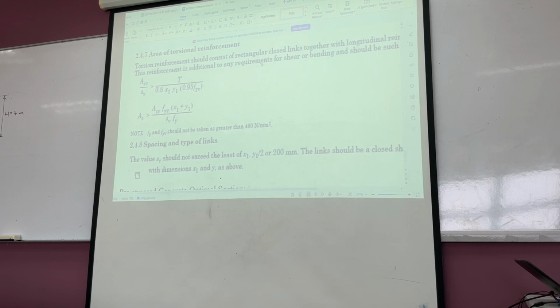Then I give you the soil weight, gamma soil. Let's say I give you 20 kilonewton per meter cube. So this is normally in kilonewton per meter cube. Just like concrete normally we say it's 24 kilonewton per meter cube.